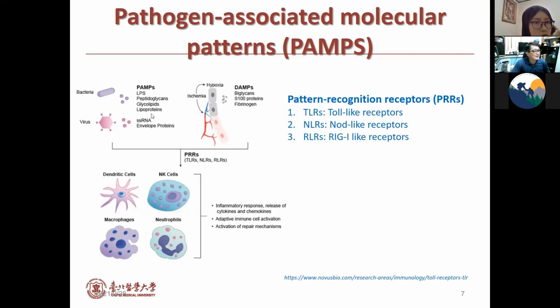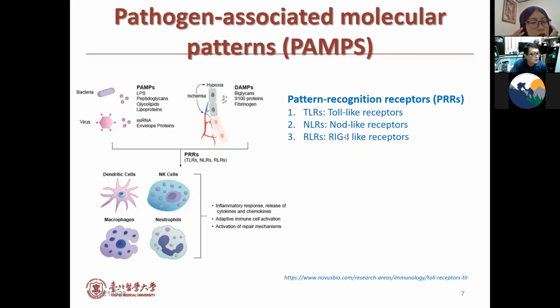Besides glycoproteins like LPS, there are also particular receptors, for example NOD-like and RIG-I-like structures. These kinds of receptors can bind to RNA or DNA. Why? Because most viruses need to invade into the cytoplasm and take over the productive machinery in the host cells to produce their proteins, their core proteins, their DNA.